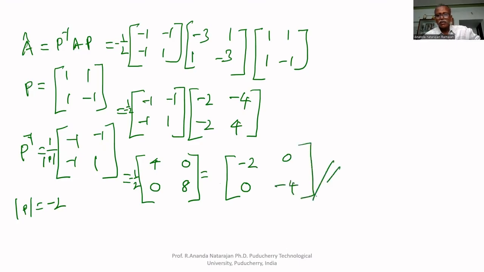This is the diagonalized matrix. A cap is diagonal, which we got from the P matrix. That's all about this sum. So we found eigenvalues, eigenvectors, and then diagonalized the A matrix.